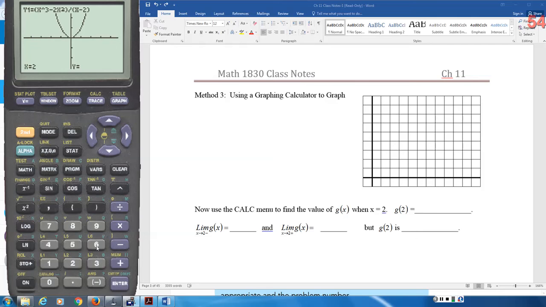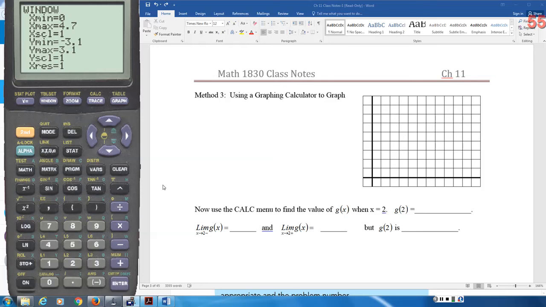Now, in order to see that hole, because believe it or not, on the calculator, even though you shouldn't be able to, you can see it. We're going to go to the window, and this is all in the video that I've got too. But again, it's easier to show you this rather than just talk at you. Since I don't really need to see much in the negative direction, I'm going to start my graph at 0 for the x's.